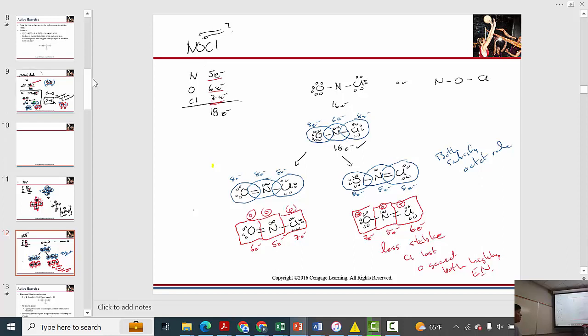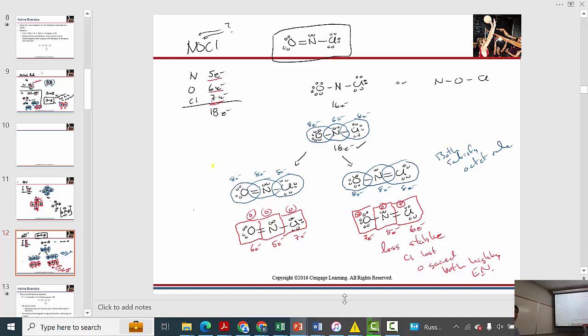Even though they show the oxygen in the center here, that doesn't mean oxygen is going to be in the center. The correct formula for this is nitrogen in the center. Otherwise, the formal charge comes out kind of high. So this would be the structure of that.